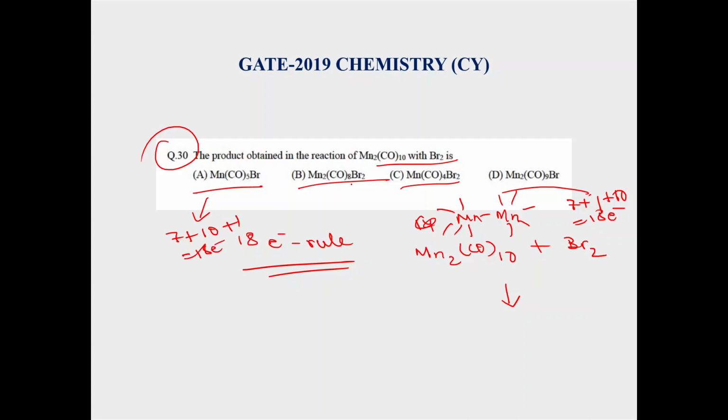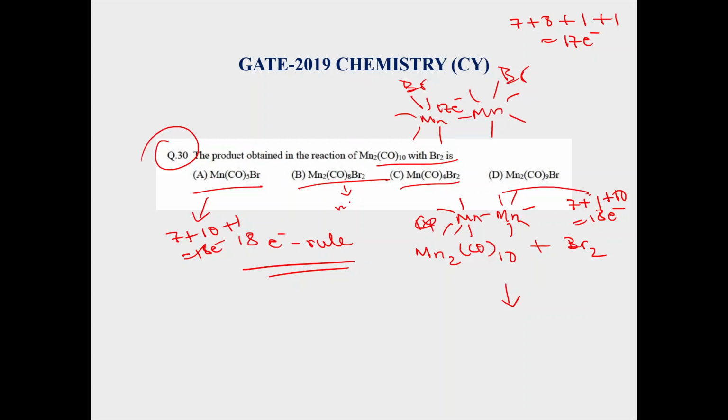Next, Mn2CO8Br2: each manganese has 7, plus 4 CO giving 8, plus 1 from Br and 1 from the Mn-Mn bond, so 7 plus 8 plus 1 plus 1 gives 17 electrons on each center.